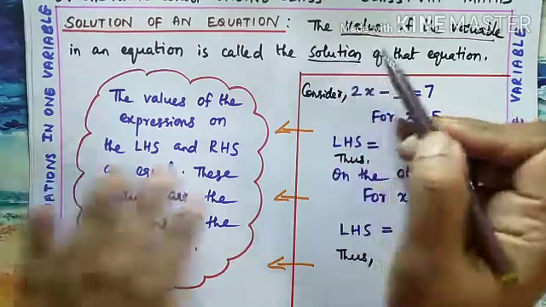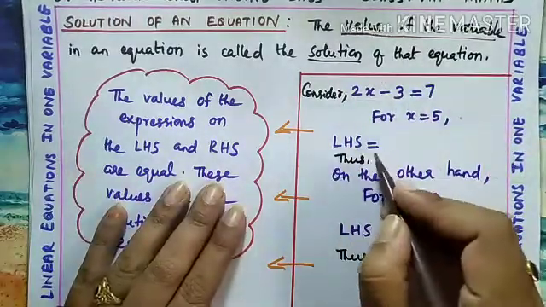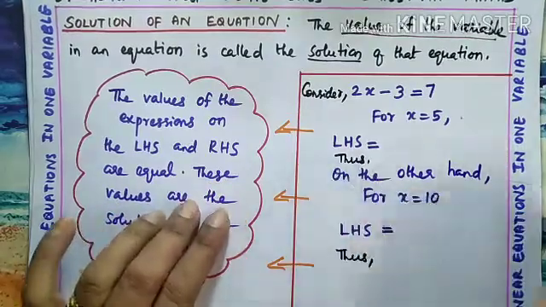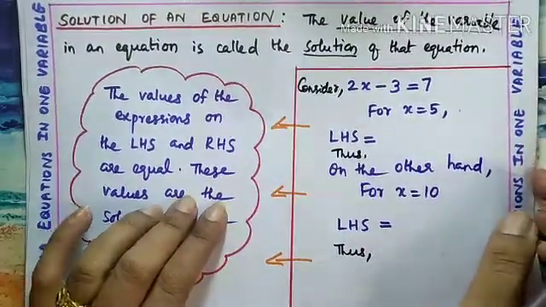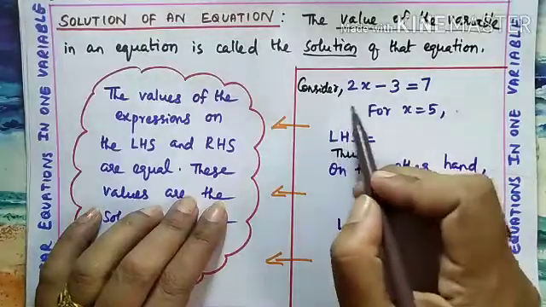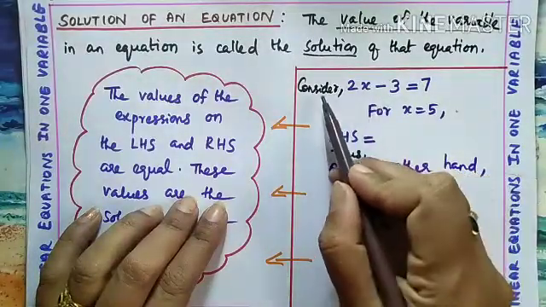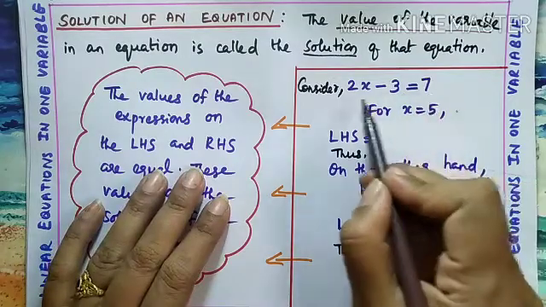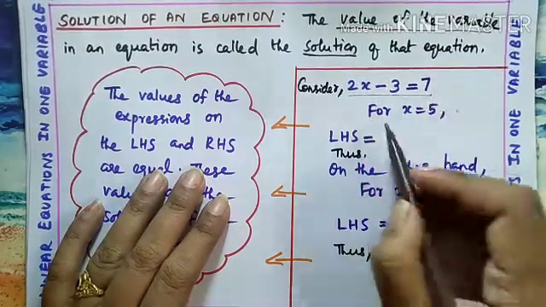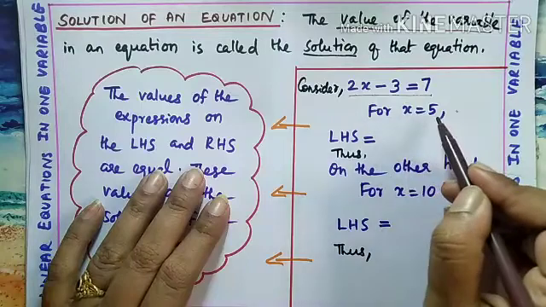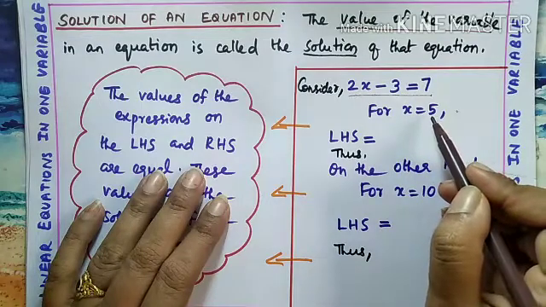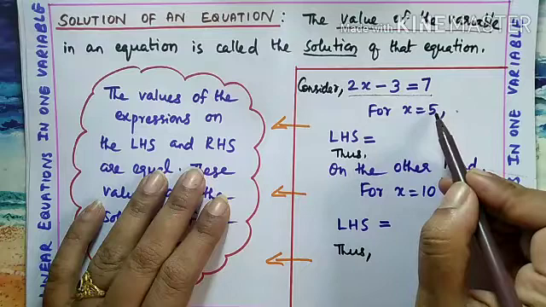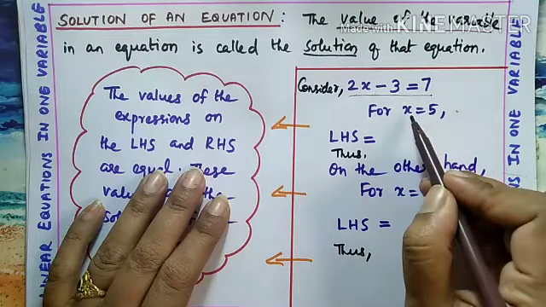Okay, now you look at this here. Before going to the problems, I want to explain what you mean by value. Now see, I have written a linear equation here. Consider 2x minus 3 equal to 7. So this is one linear equation. Now for x equal to 5, we are going to check, where 5 is the value of x.